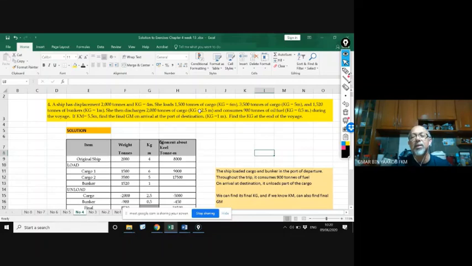Discharge means to remove. Discharge 2,000 tons and consume. Consume means also to use 900 tons of fuel during the voyage. So if km is 5.5, find the final GM on arrival at the port of destination.